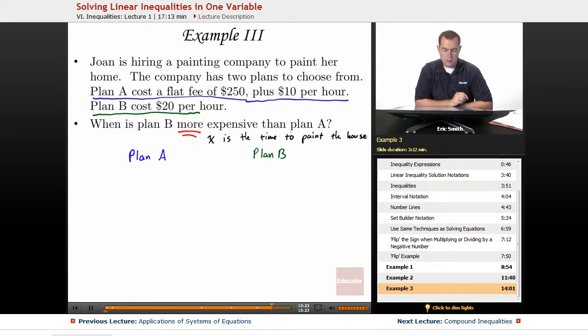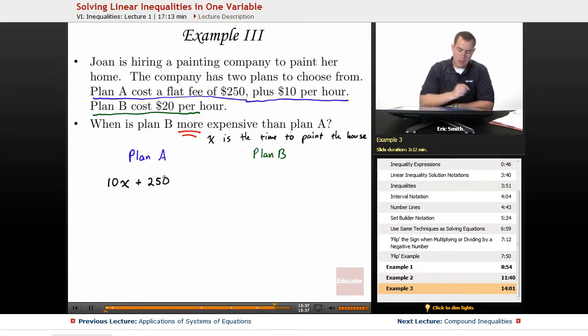Okay, so Plan A cost a flat fee of $250 plus $10 per hour. So the $10 per hour is like our variable cost, so I have 10x. Flat fee does not vary, so plus 250. So that expression will just keep track of the cost for Plan A, depending on how many hours it takes. Plan B has only a variable cost of $20 per hour, so I'll just say 20x.